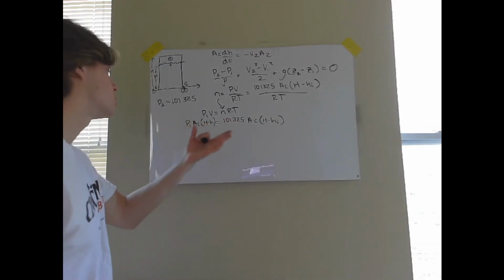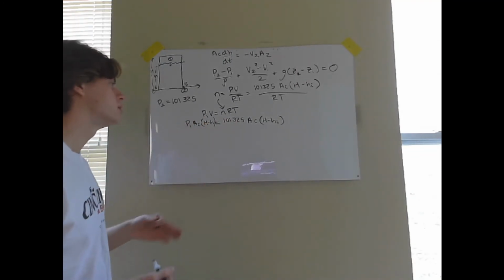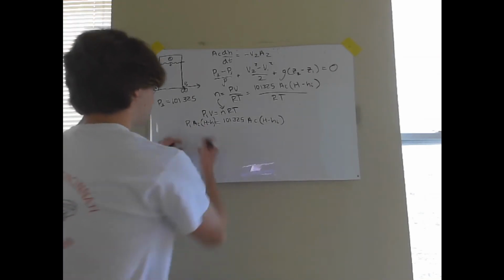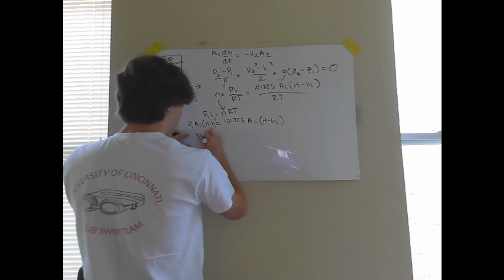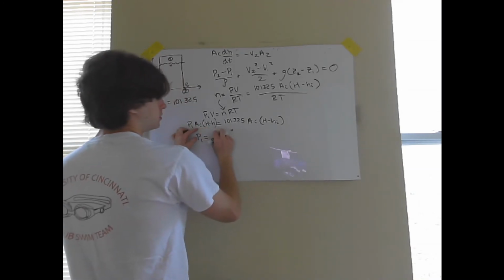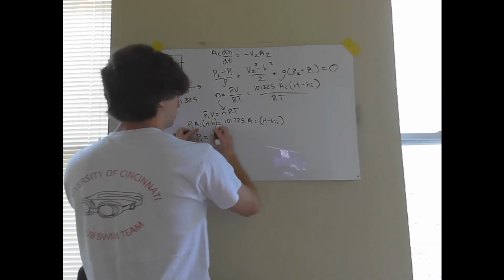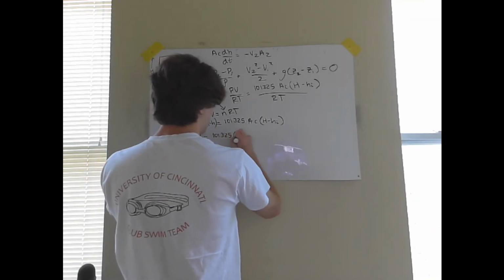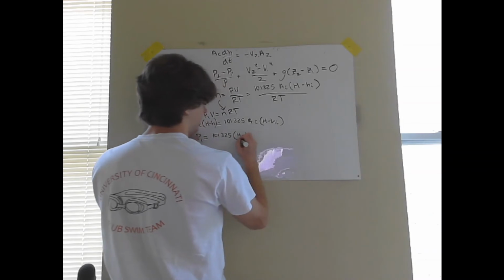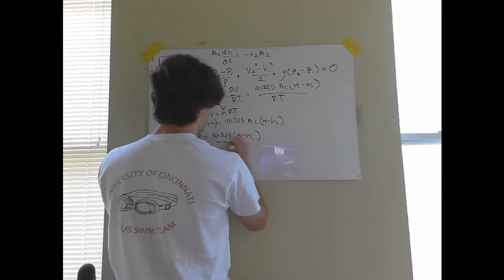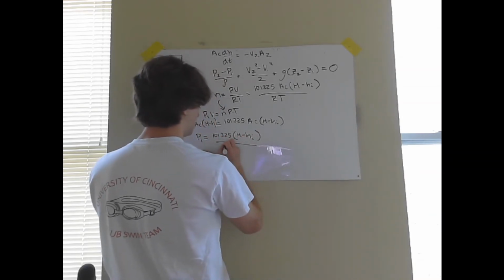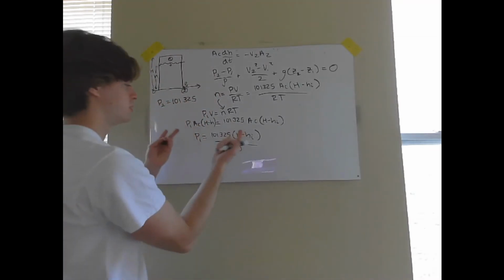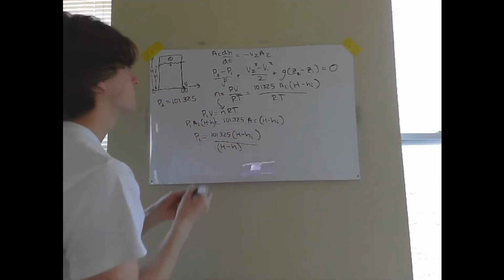Since we're modeling the pressure at any point during this problem, we're not just using the initial height. From here, we can solve for P1, dividing this to the other side. We're just going to have 101,325 times the height of the tank minus the initial height of the liquid, over the height of the tank minus the current height of the liquid. The cross-sectional areas cancel, and this is what we're left with.